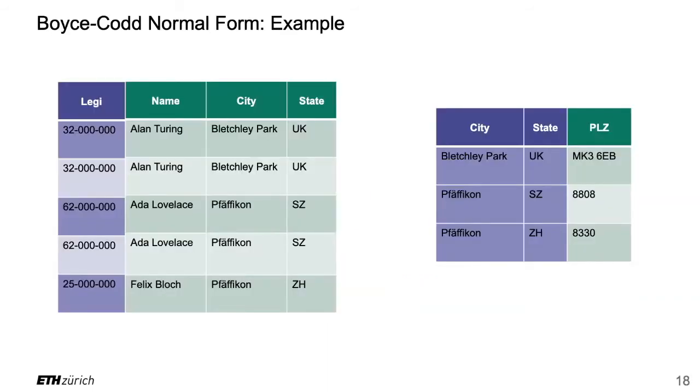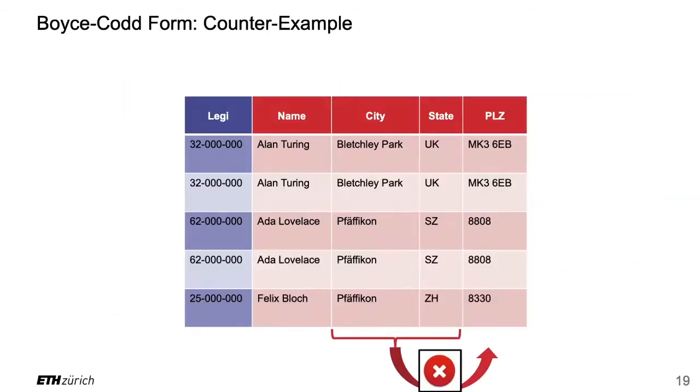So this is an example of a high normal form. So in that case, Boyce-Codd, which I think is 3.5, the normal form. So we have a table with people on the left and city and state on the right, and we can join them. You know, if I join on the city and state, I get that. But this is no longer in normal form. There is repetition, there is duplication with all the anomalies that you know, right?